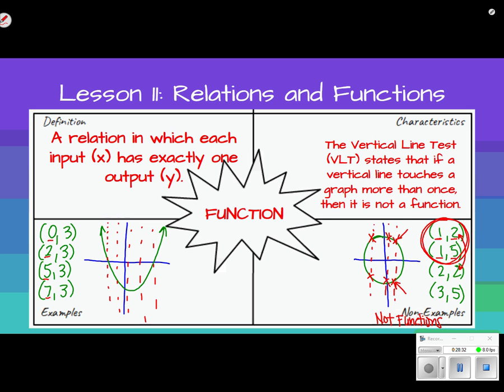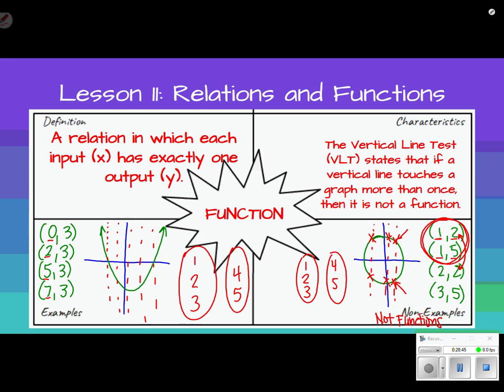You can do the same thing with a mapping diagram. Okay, so here, function, each x has only one y. I have one arrow. You see a little arrow here? One arrow leaving each number.